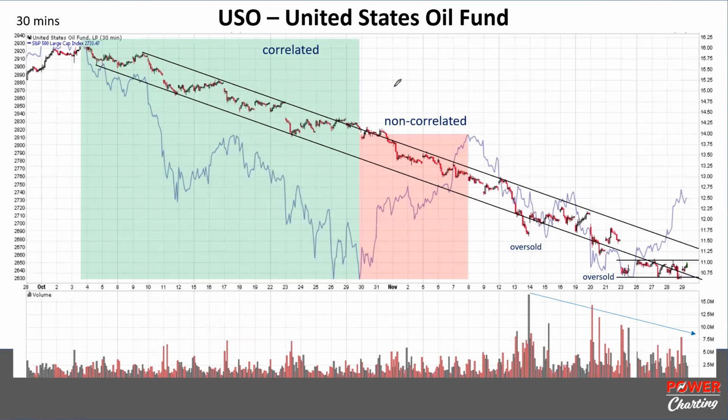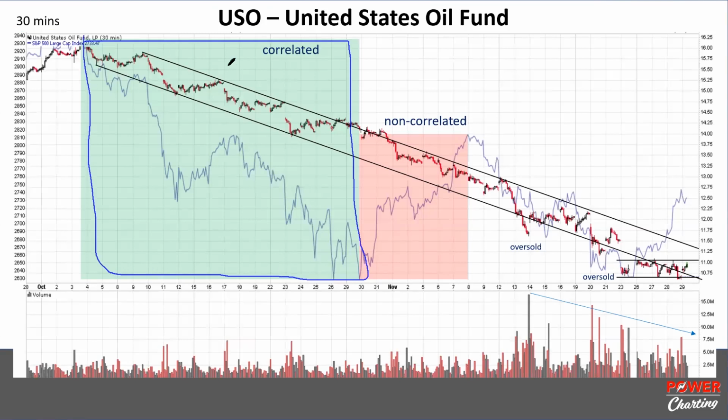Oil is obviously seen as an indication of world growth, and there are a lot of things we could talk about with oil, but whenever we see that growth is slowing down, that's going to be shown on the market indices as well. And look how highly correlated the move to the downside is in both of the instruments in this green box.